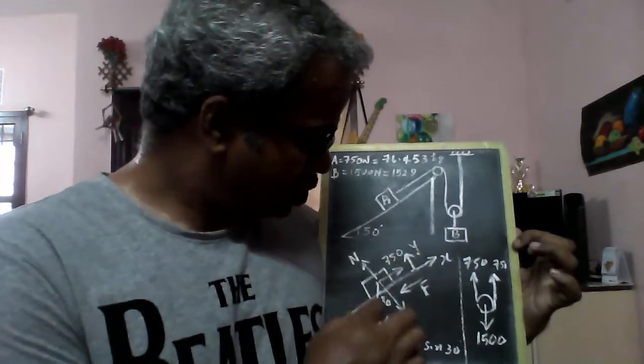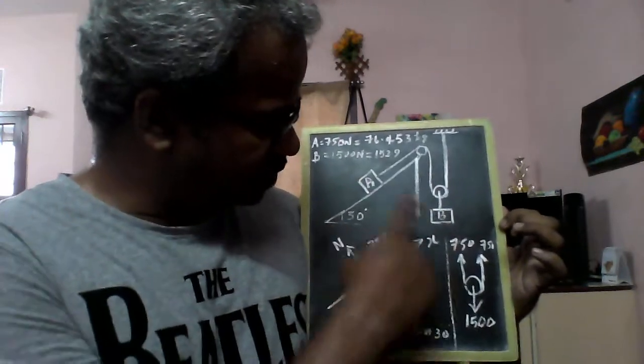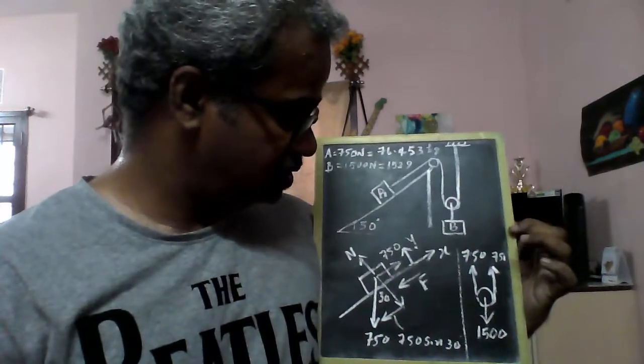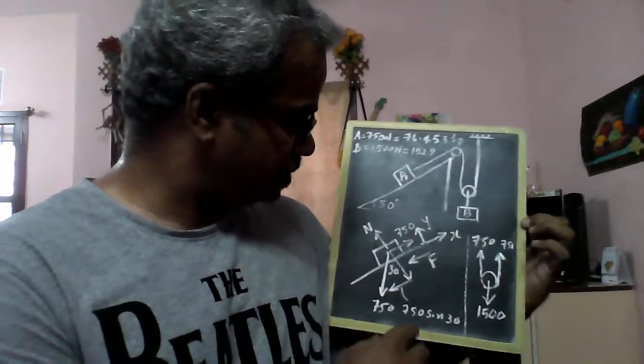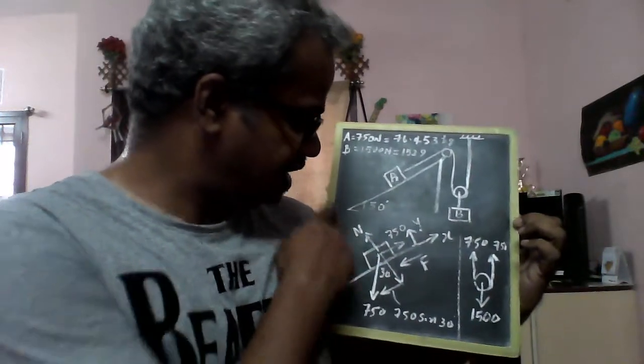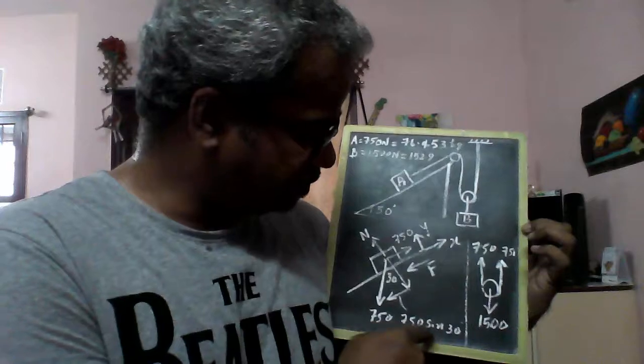Now we will solve this for equilibrium conditions. What is the normal force? N is equal to 750 cos 30.